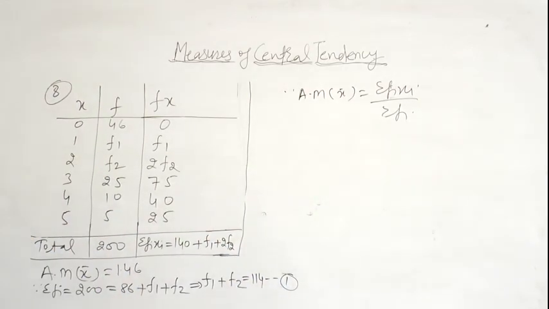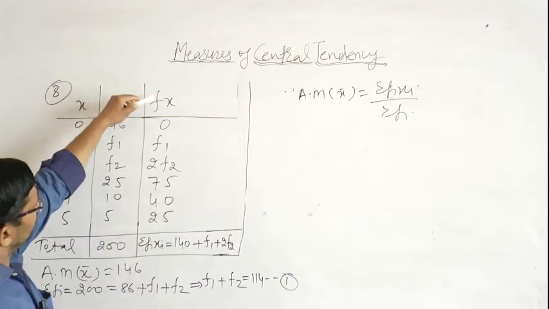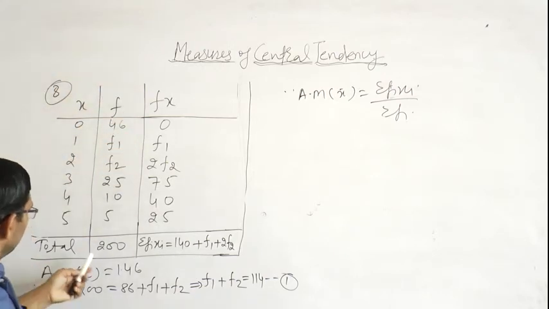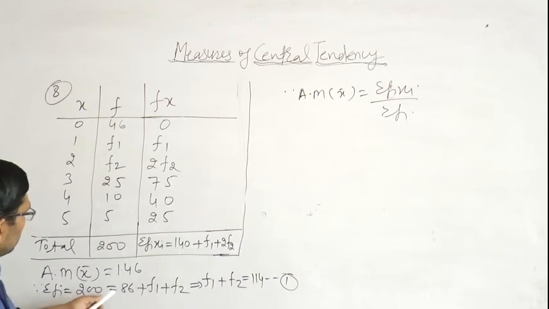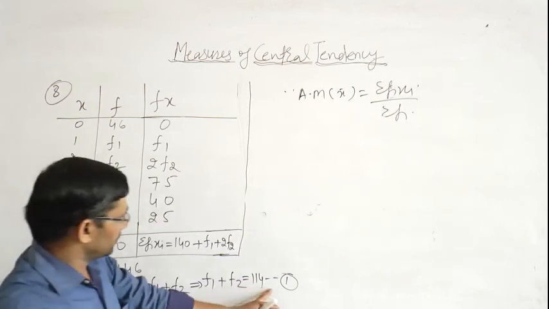So for this we again use the same method. First we find out fx. Here sigma fi is 200, given, that is 86 plus f1 plus f2. It means f1 plus f2 is equal to 200 minus 86, that is 114.